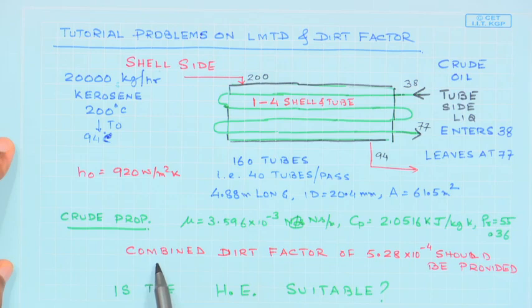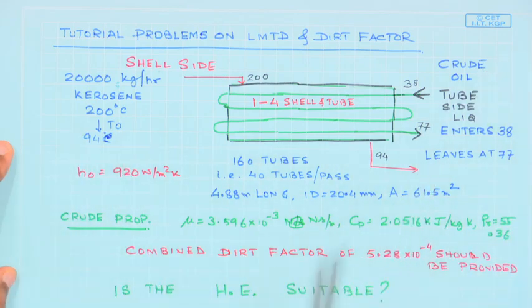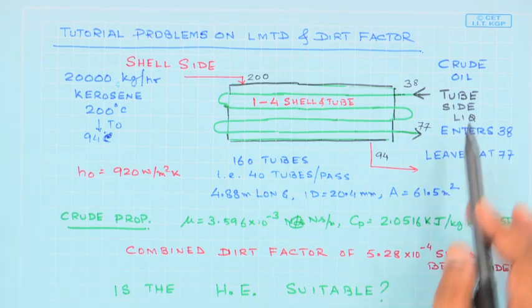It has been mentioned that this shell and tube heat exchanger should provide a combined dirt factor of 5.8 into 10 to the power minus 4. So, based on the data which are provided here, we have to make a judgment of whether the heat exchanger is suitable for this operation.